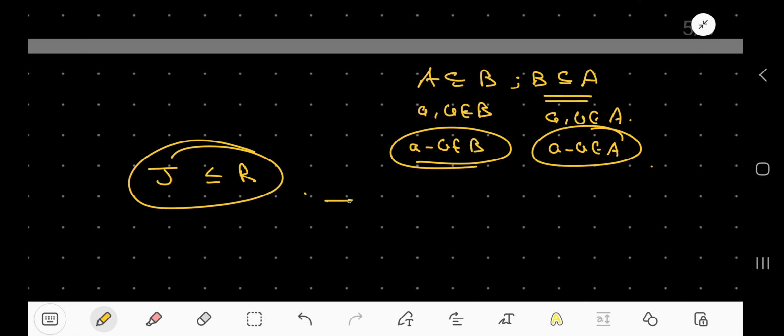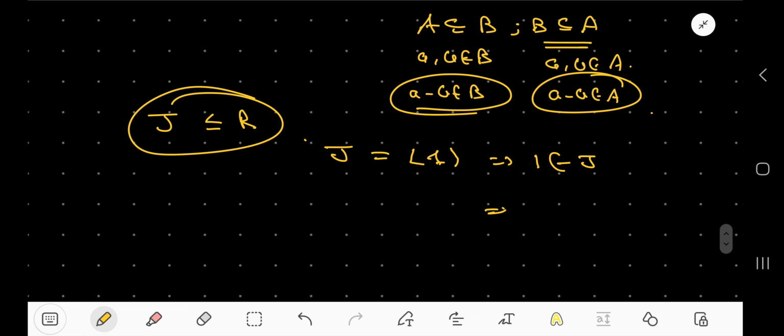Moreover, it needs to be proper, because if it equals R, then that implies 1 must be in J, but that implies 1 must be in A for some A in the chain C. The chain we are constructing out of the class S, but every element in the class S is a proper ideal.